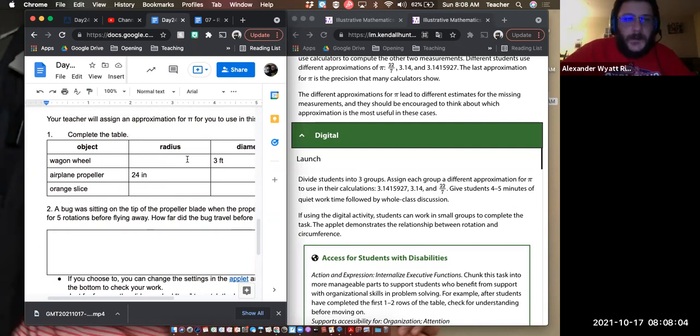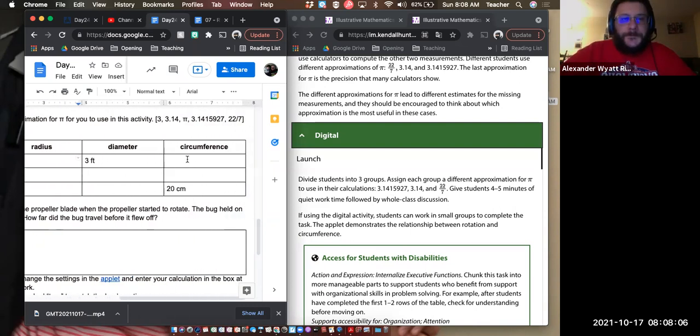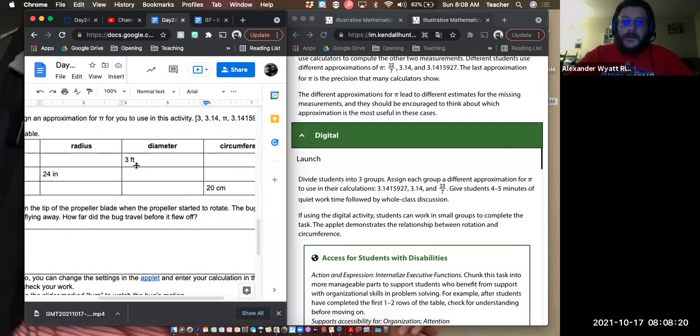All right. So the diameter is 3 feet, and circumference is diameter times pi. So that would be 3 feet, 3 times pi, 3 pi. A radius would be half of 3.